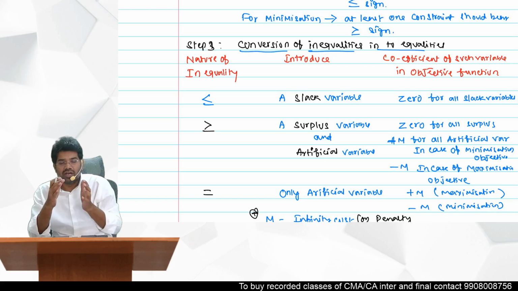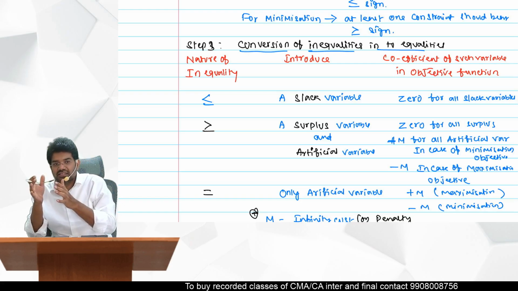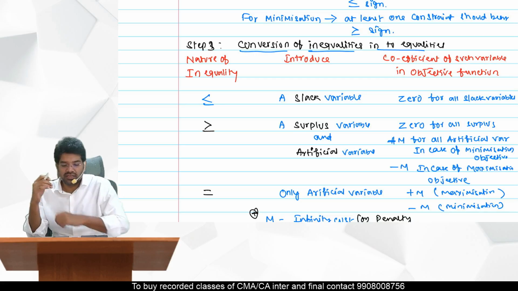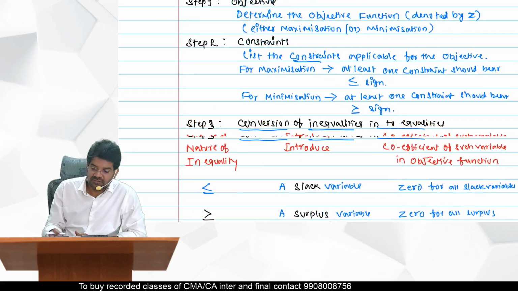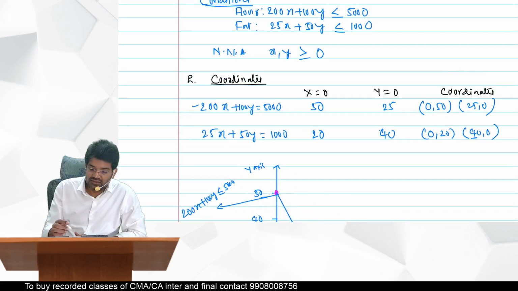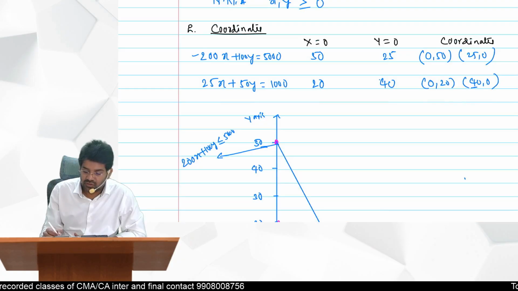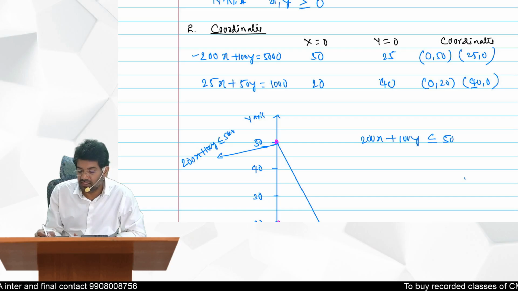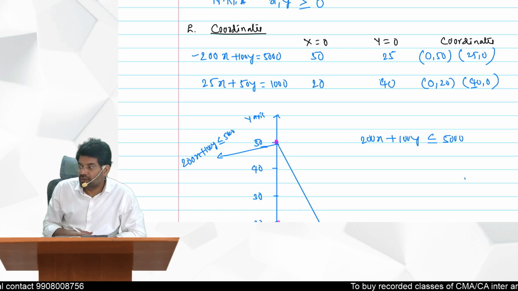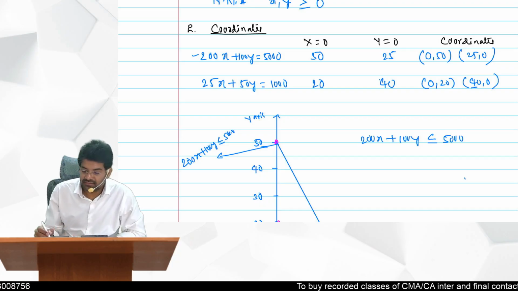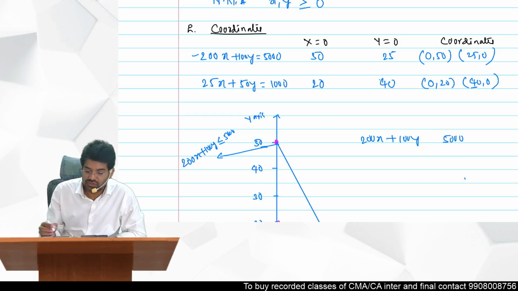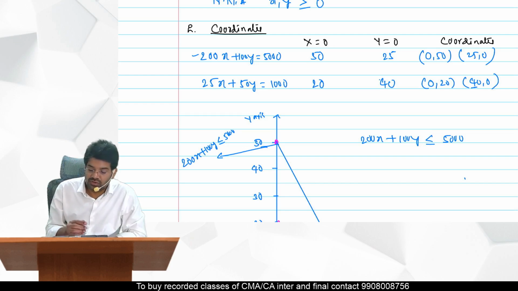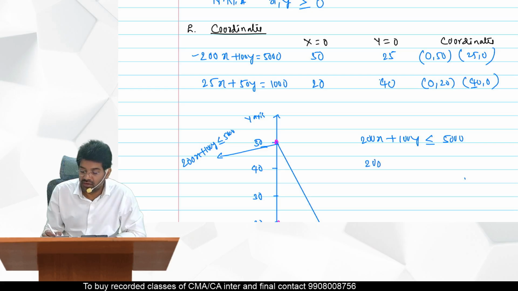Now if you want to convert an inequality into an equality, say for example, in the earlier case you had 200x plus 100y less than or equal to 5000. For the less than or equal to case, we should convert into equality: 200x plus 100y is equal to 5000.